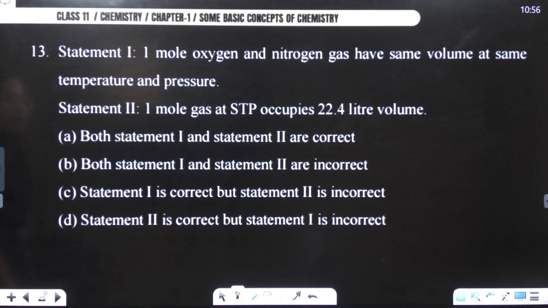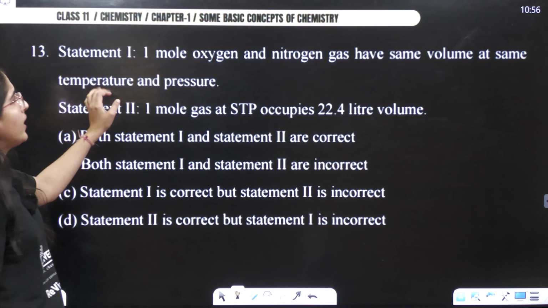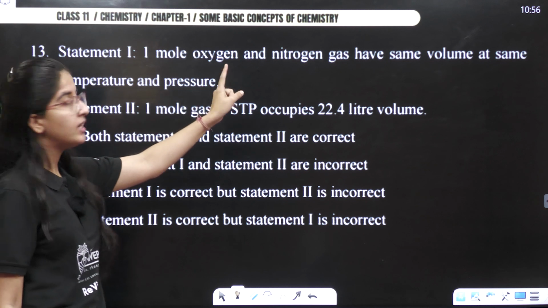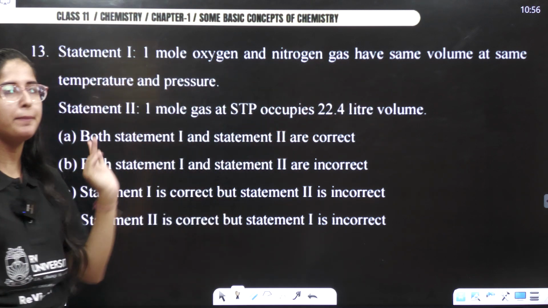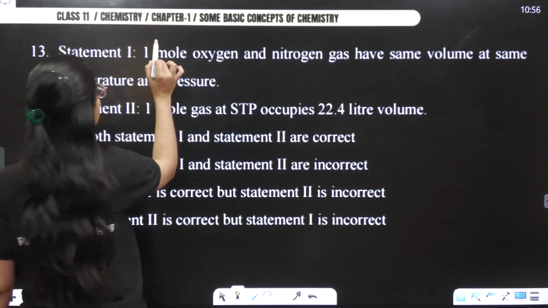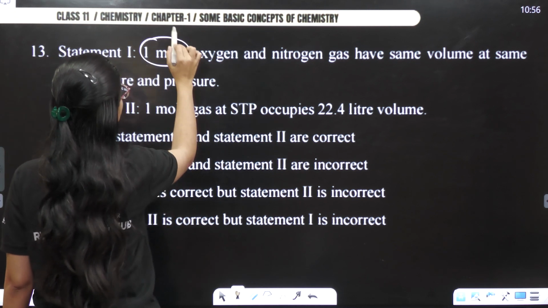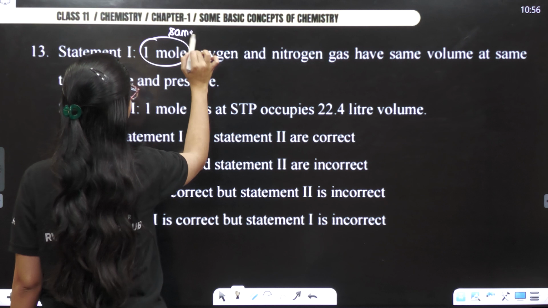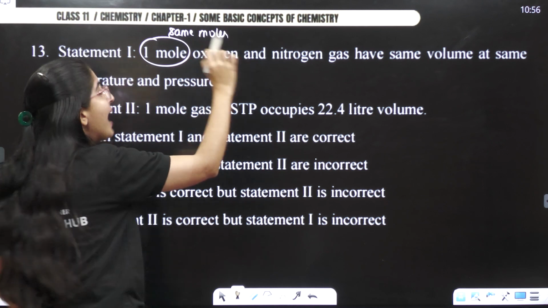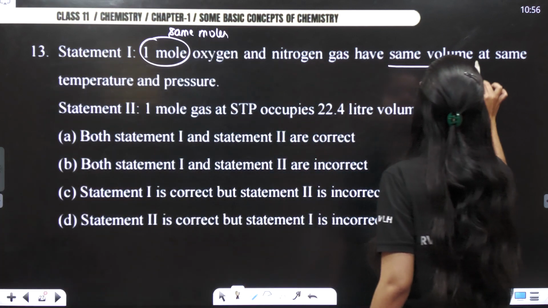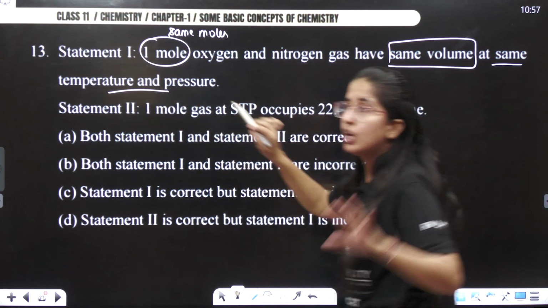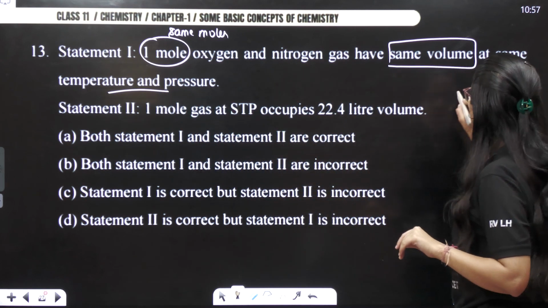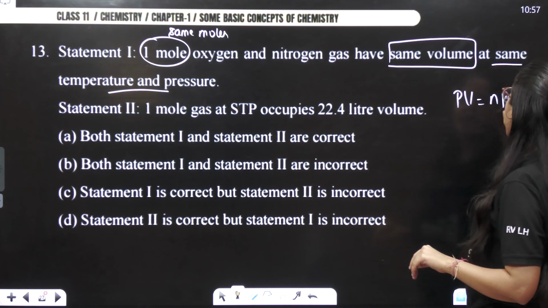Next question. Statement is given, 1 mole of oxygen and nitrogen gas have same volume at same temperature and pressure. So if you take 1 mole of each, same moles is given. They will have same volume if they have same temperature and pressure. So I already told you, PV is equal to nRT.